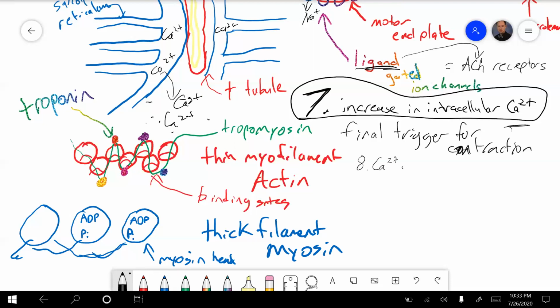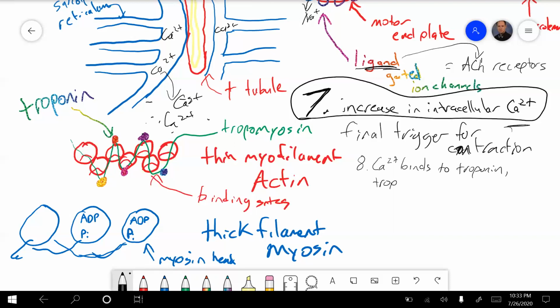Calcium binds to troponin. And as we discussed way back in the beginning when we talked about proteins, when proteins bind to things, they change shape. When troponin and calcium stick together, troponin changes shape.